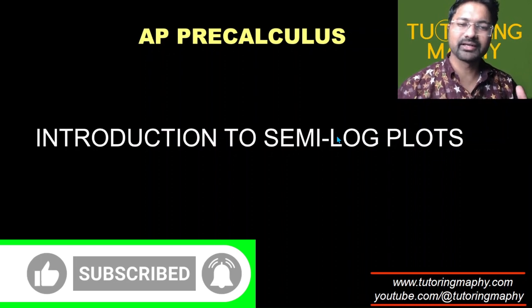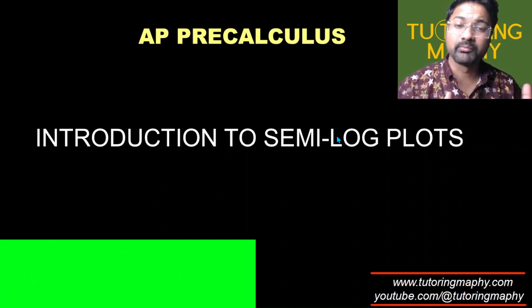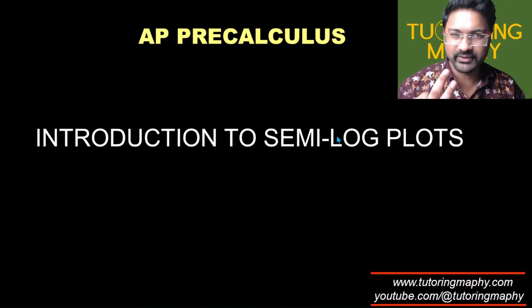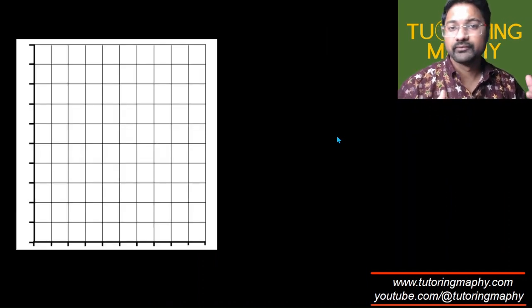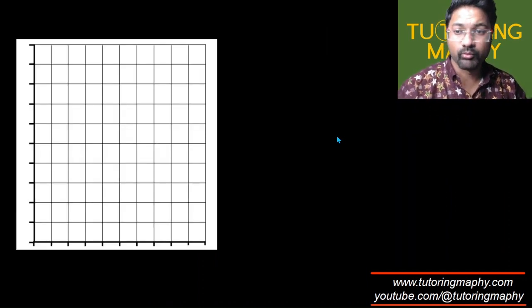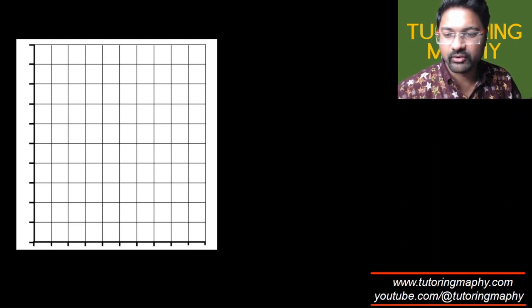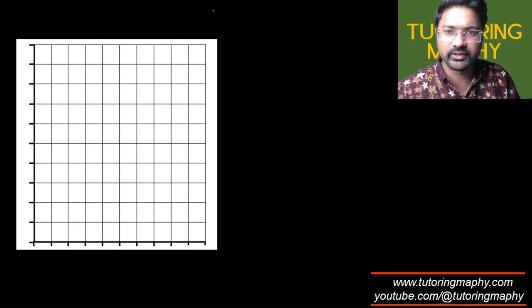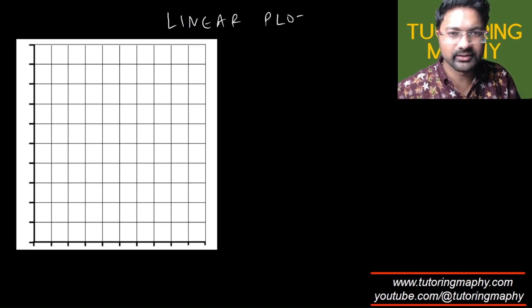In general, when we want to talk about semilog plots, we have three kinds of plots. The first one we are very familiar with. This is obviously a linear plot. Why is this a linear plot?